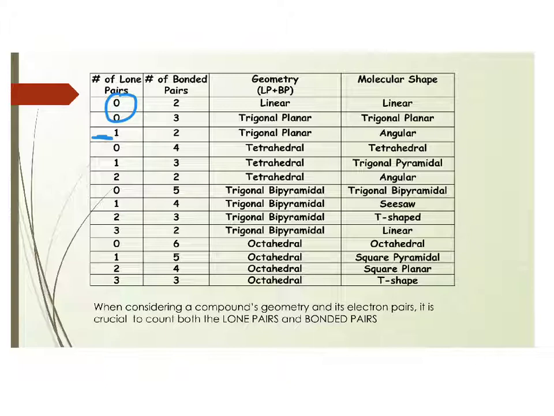This chart tells you the different types of molecular shapes each geometry has based on the number of lone pairs of a compound. An important side note is that when considering a compound's geometry and its electron pairs, it is crucial to count both the lone pairs and bonded pairs so that you can get the right geometry.